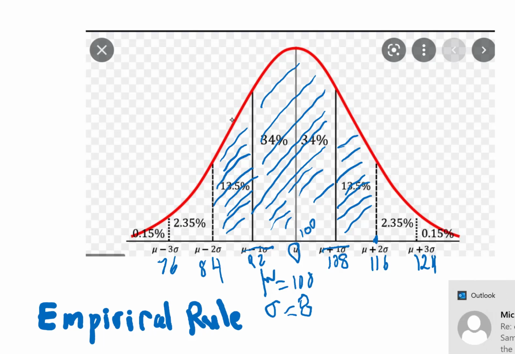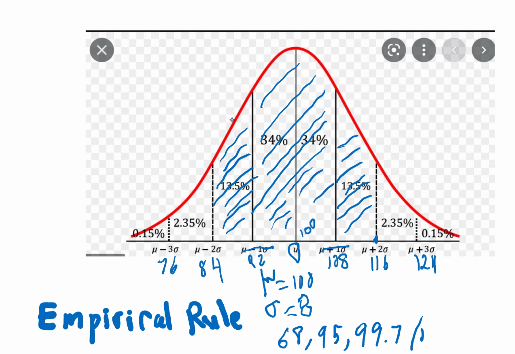And this is what we mean by the empirical rule, which is called the 68, 95, 99.7% rule. And this rule will apply only if your data set has the shape of a bell-shaped curve, or they call it a normal curve.